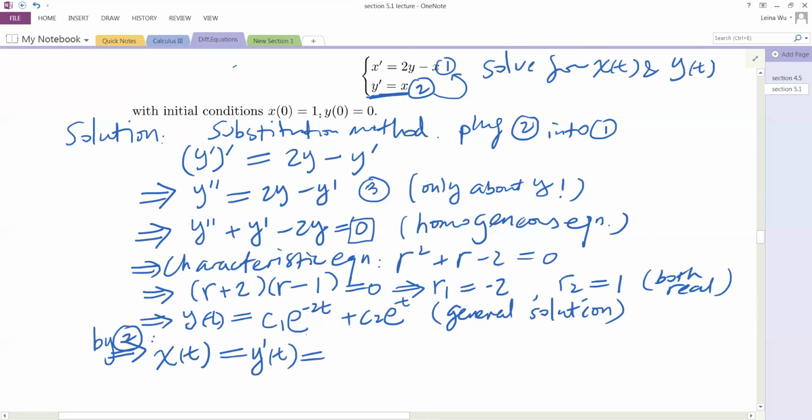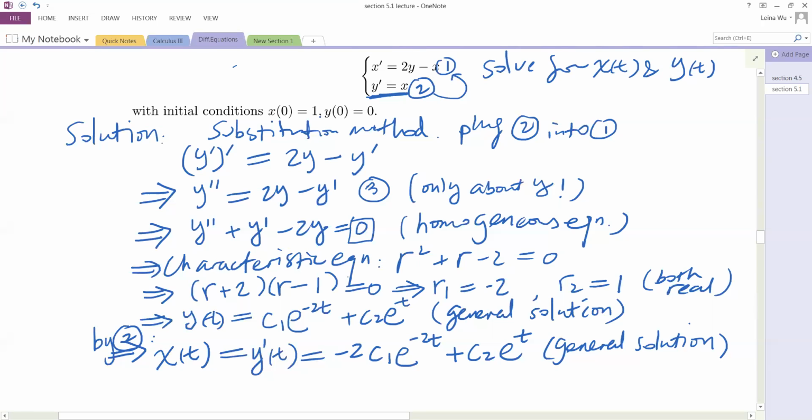So just doing the derivative of this part and the derivative of that part, we would have negative 2 c1 e raised to negative 2t plus the derivative of the second part, which is still c2 e to the t. This is also a general solution containing c1 and c2. Everything's good?